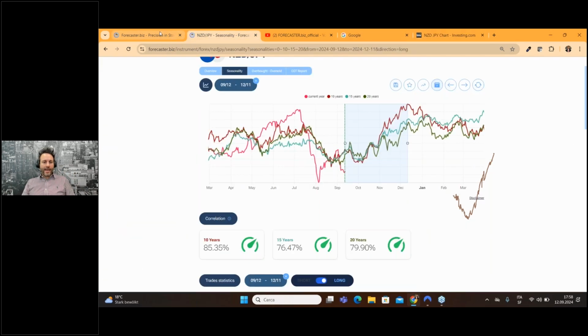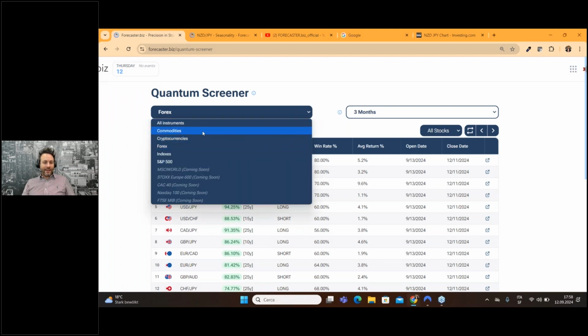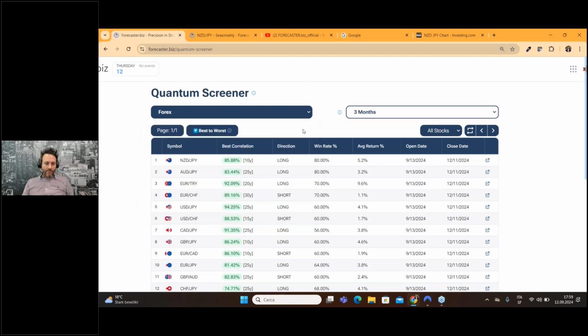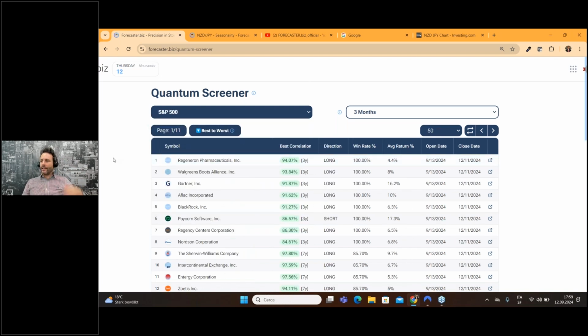Of course, we can apply this strategy to everything on the market: commodities, crypto, forex, indexes. Of course, what you have to do is search and optimize the trades and optimize the opportunity we have. Okay, for example, if we go on the S&P 500, and as you know, more indexes are coming.